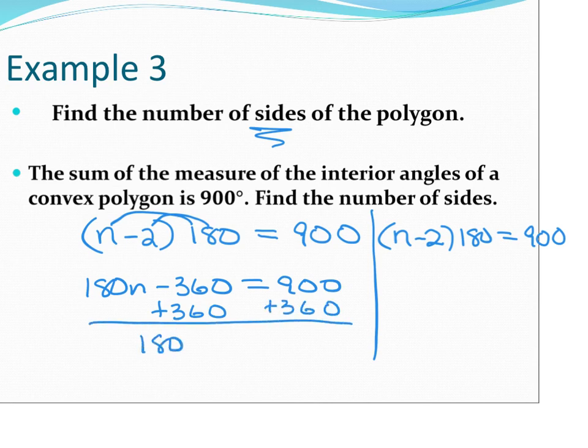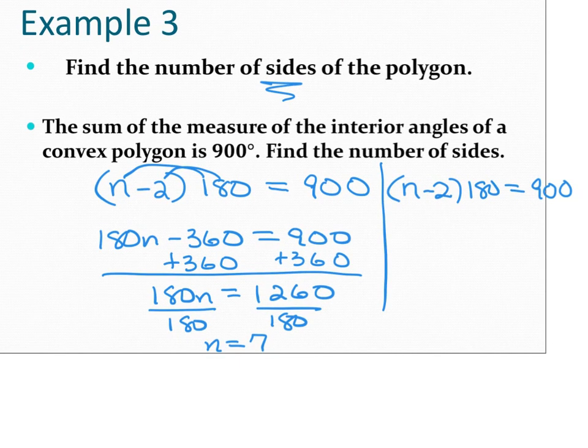I get 180n is equal to 1,260. Divide by 180, and n equals 7. So the number of sides in my polygon is 7, making this polygon a heptagon.